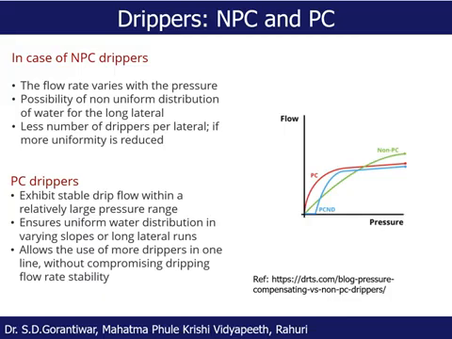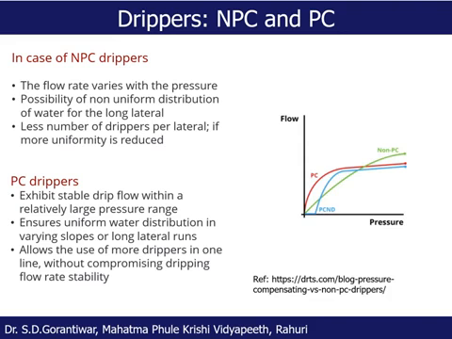To overcome that head loss due to friction, certain pressure in the system will be utilized, and therefore as we go further towards the end of the lateral, the pressure will be reduced. So in short, in the beginning pressure is more, and at the end the pressure is less.